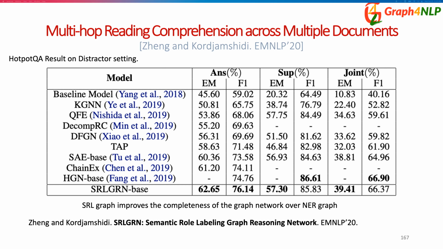One big reason the authors found for why this model performs better is that, compared to previous work, which is mostly based on relationships between entities, using SRL and the relationships between the SRL subgraphs significantly improves the completeness of the graph network, providing more semantic edges to cover reasoning paths.